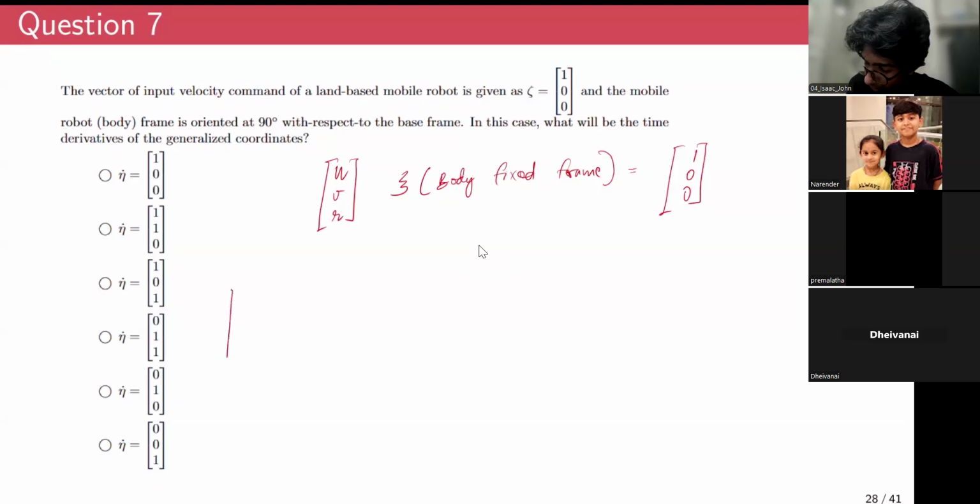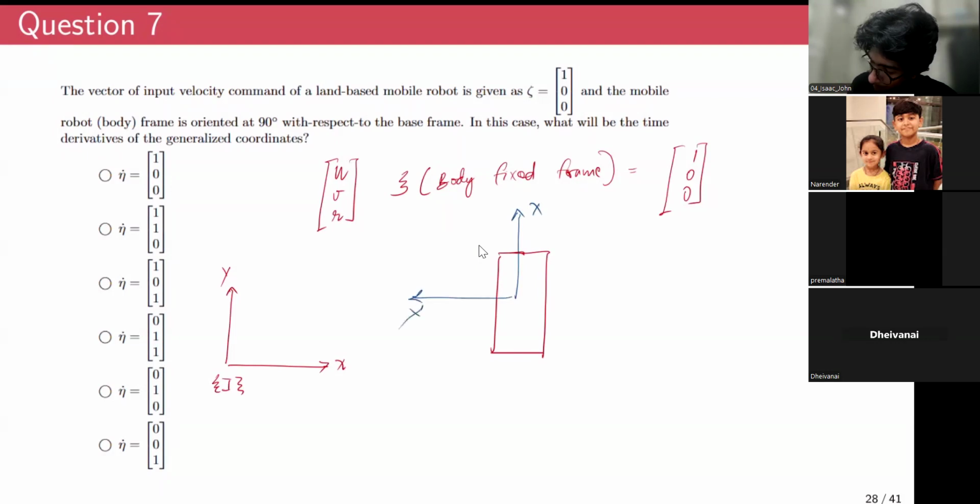So if I have this base frame with a y-axis and this x-axis, I'll call this the inertial frame of reference. And here we have the mobile robot like this. As per the question, this is oriented 90 degrees with respect to the base frame. So the x-axis would look like this, and the y-axis would look like this, right? Because this is rotated 90 degrees.